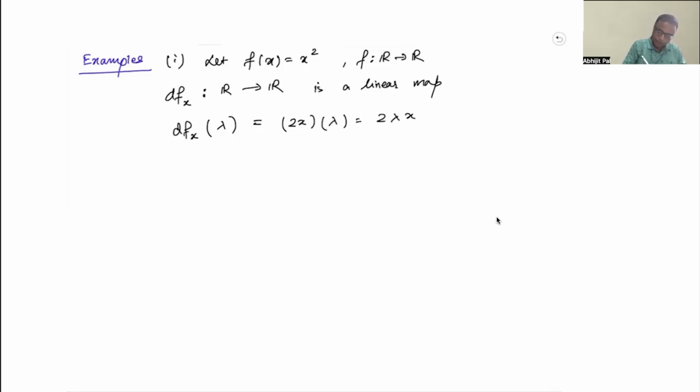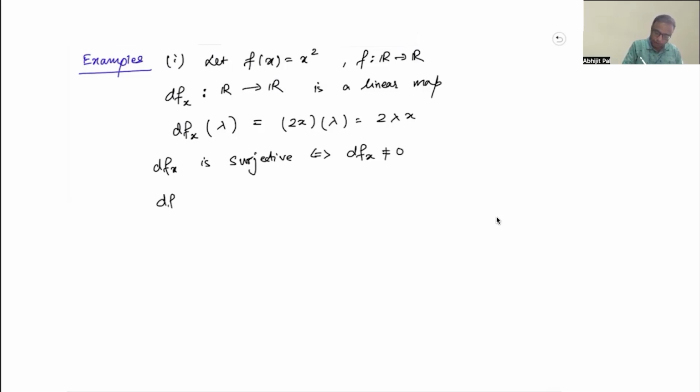Now you want to know whether this map df_x is surjective or not. df_x is surjective if and only if this map is not equal to 0.